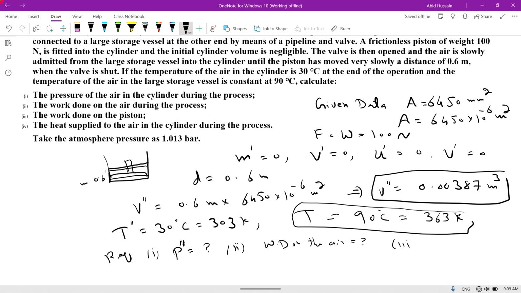Number 3, work done on the piston. Number 4, the heat supplied to the air in the cylinder during the process, find Q. And take atmospheric pressure as 1.013 bar. This is the given data and required.